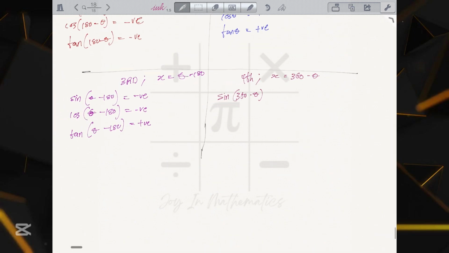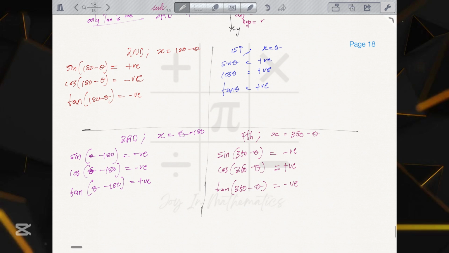So we can draw the inference that sine 360 minus theta is negative, cos 360 minus theta is positive, and tan 360 minus theta is negative.